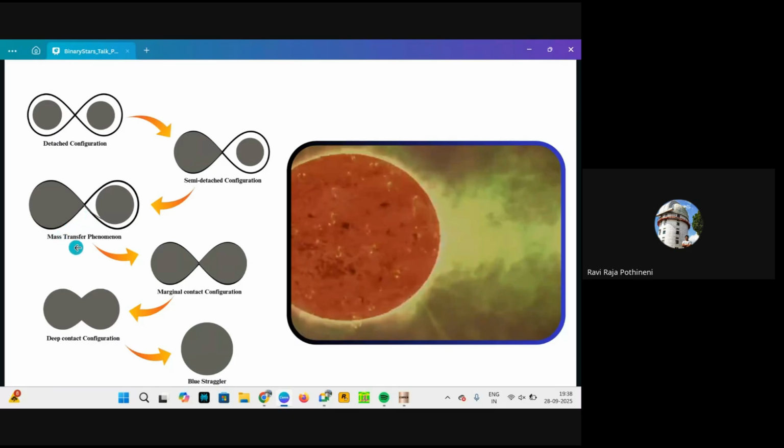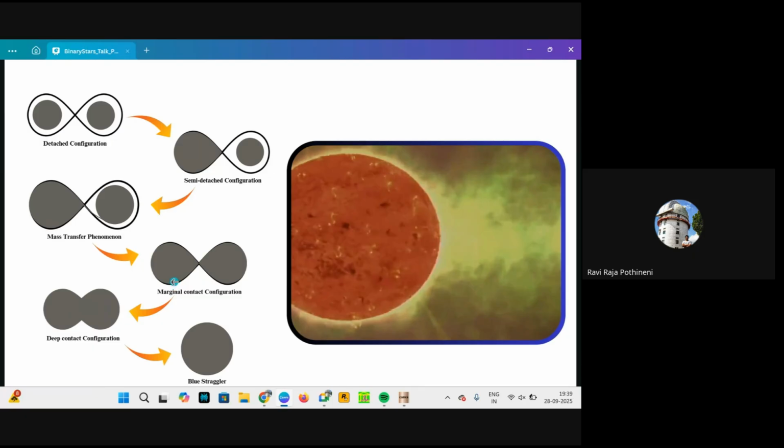This is called mass exchange, or mass transfer. Whenever it transfers its mass, slowly the angular momentum changes. Over time these two stars come closer and become a marginal contact configuration.